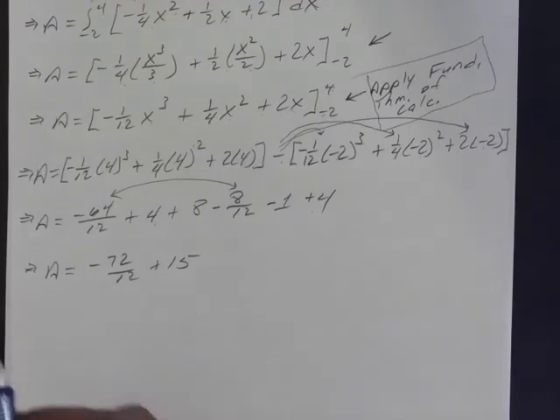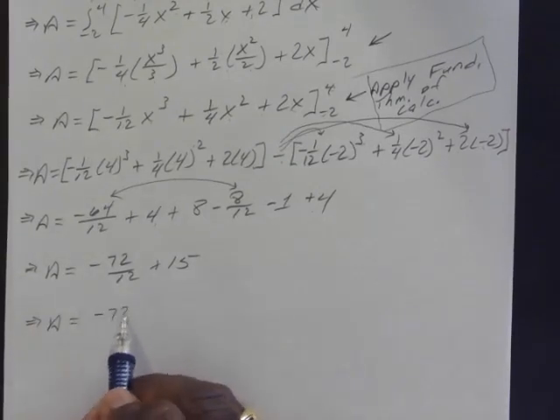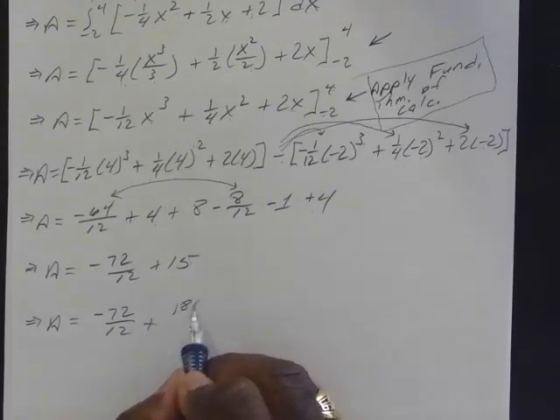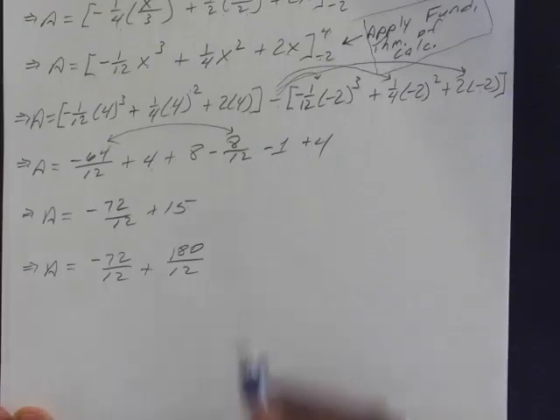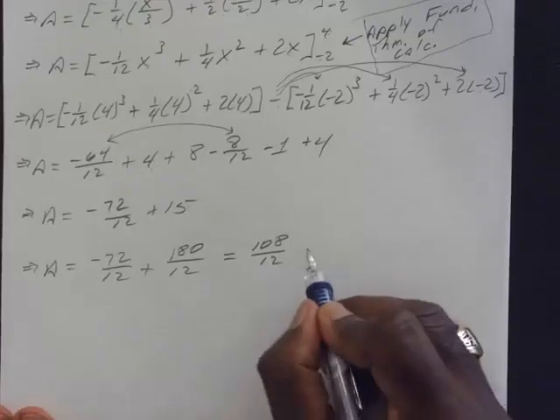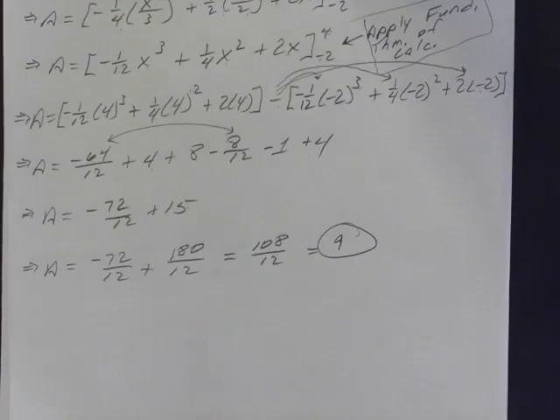And assuming they want the exact answer, we can change that from negative 72 over 12 plus multiply 15 by 12 over 12, and that gives us 180 over 12, which just simplifies to 108 over 12, which is just 9. So that one turned out to be a nice, neat answer.